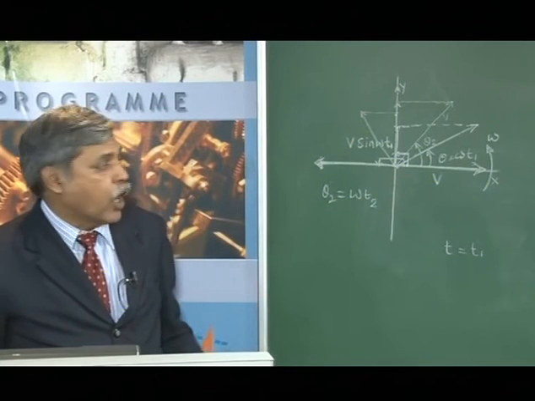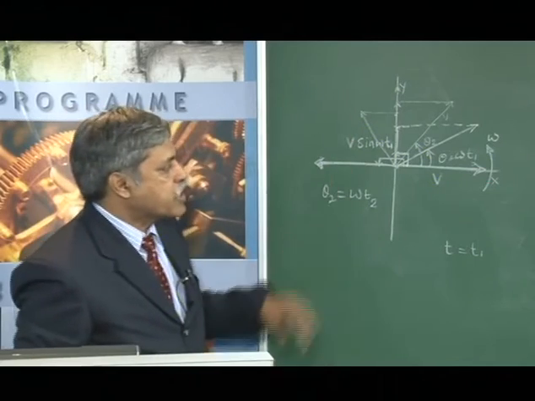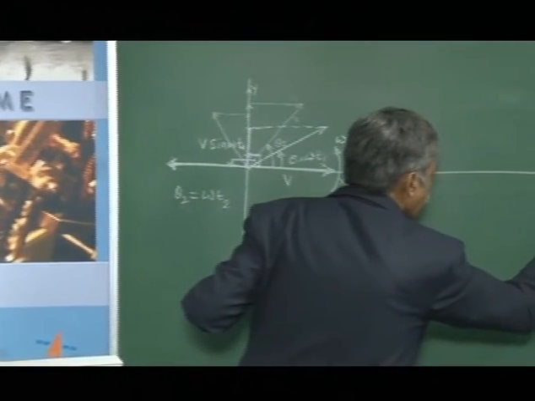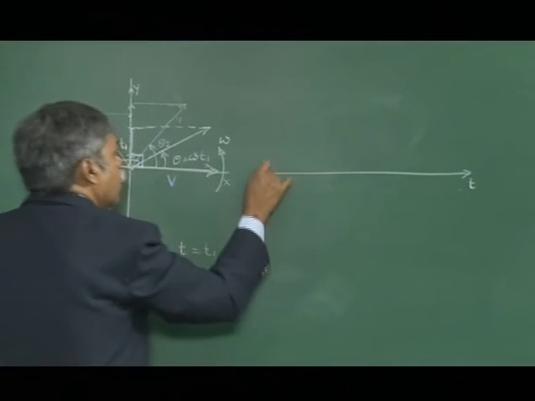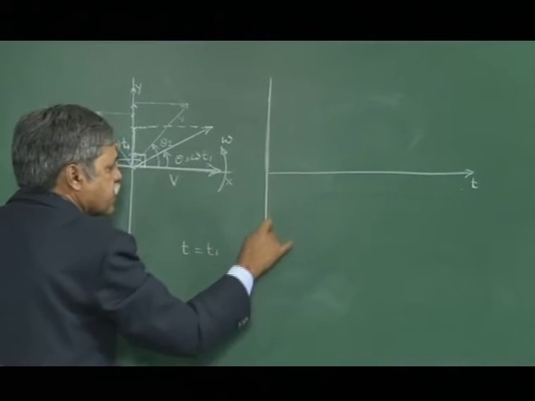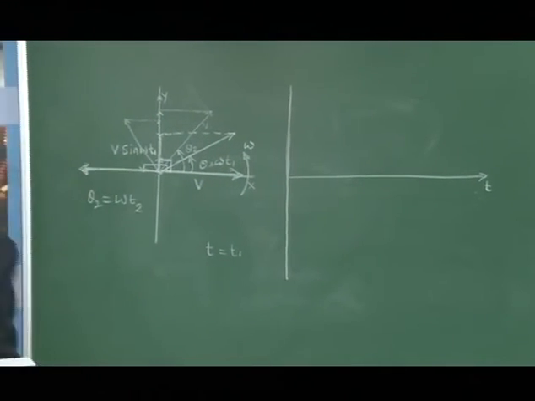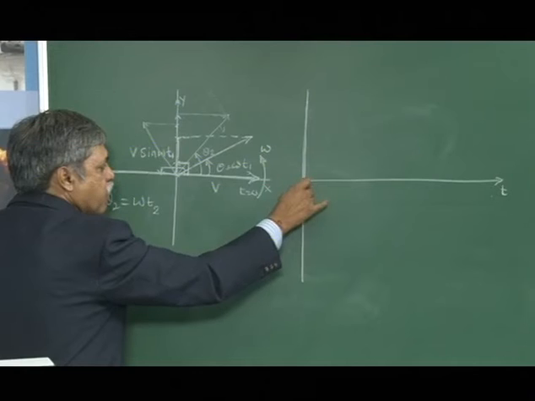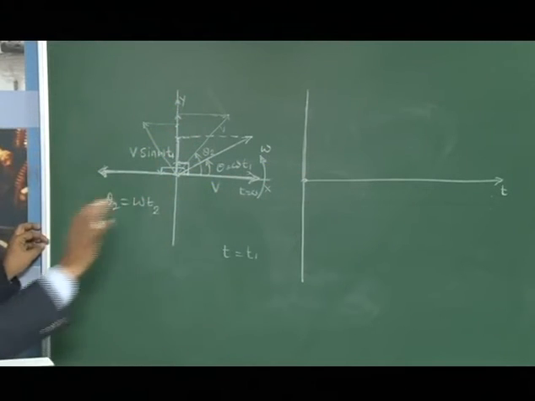Third quadrant and fourth quadrant both will give us the projection to be negative. If you try to draw these projections on another scale like this, time and vertical axis, it gives you the projection of the vector at different times. When t is equal to 0, my vector is along the positive horizontal axis, so the projection of the vector on the vertical axis is 0.